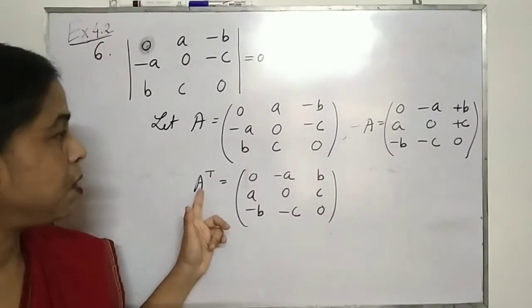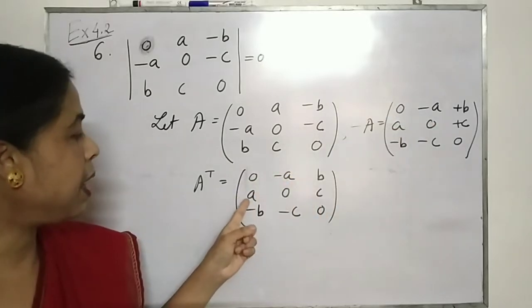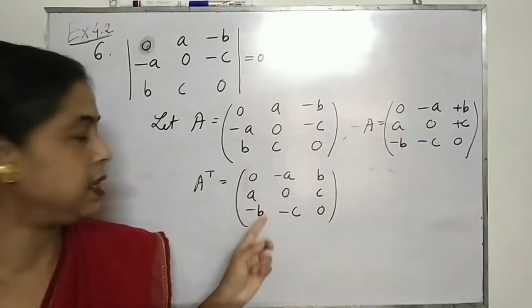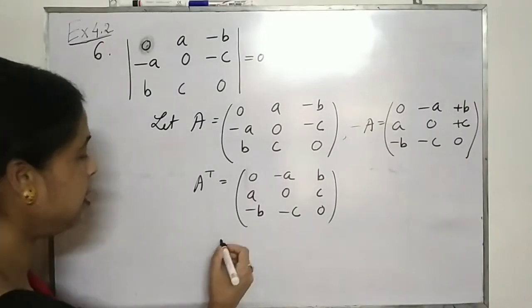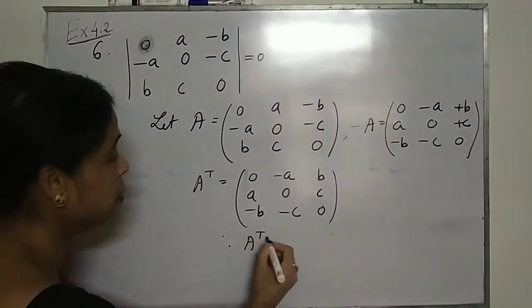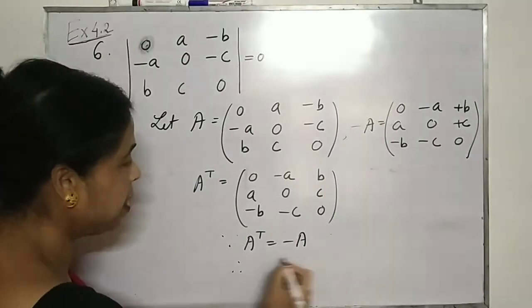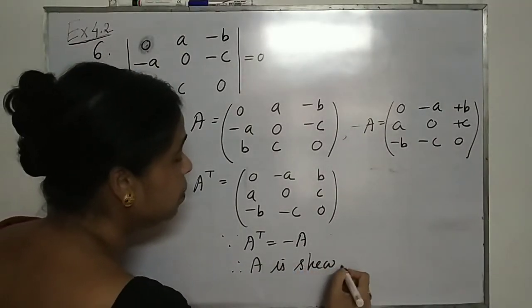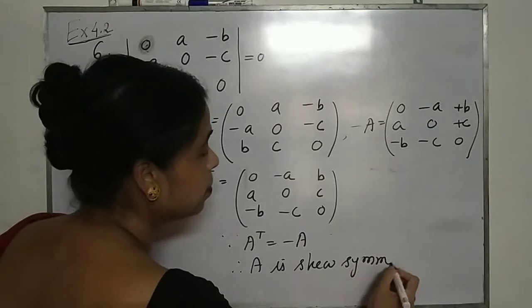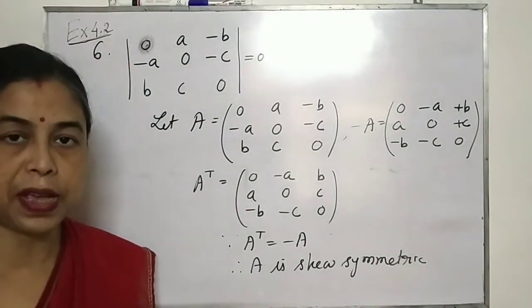The first row 0, minus a, b is the same. The second row a, 0, c is also the same. Minus b, minus c, 0 is also the same. So we have seen that A transpose is equal to minus A. Therefore you can say that A is skew symmetric. Hope you remember the definition of a skew symmetric matrix.